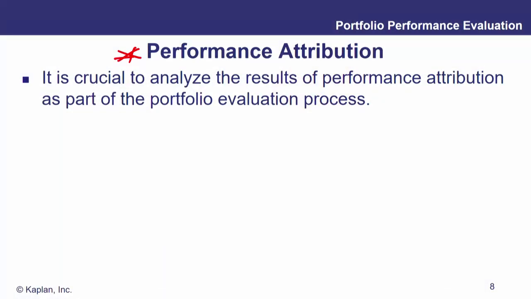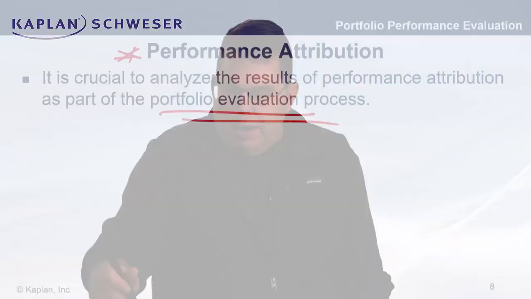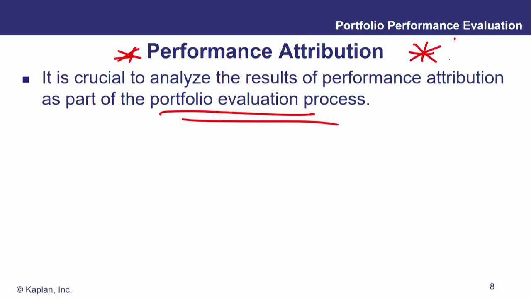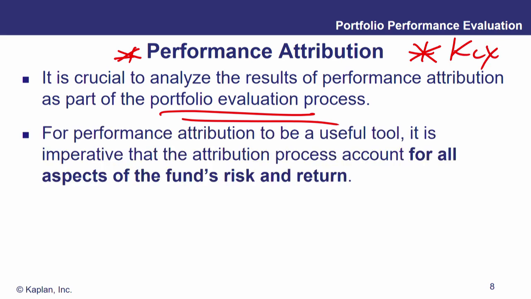Okay, so we're going to get into performance attribution. We're going to talk about this a little bit now. One thing I need to tell you, it's going to be crucial to analyze the results of performance attribution as part of the portfolio management or evaluation process. You cannot skip any of these three steps, and performance attribution is a key component.